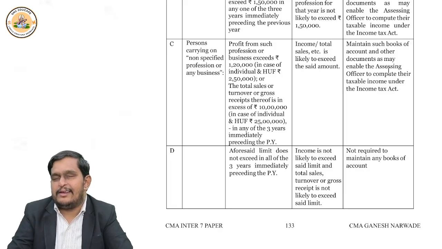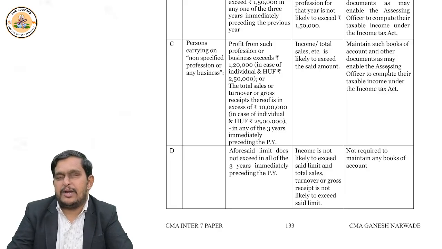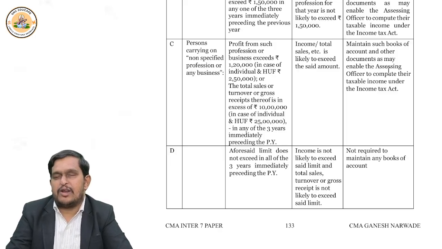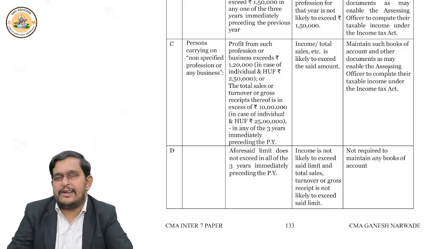So what they said in C? See, you are a non-specified professional. In simple language, I am telling you, you are a trader or manufacturer, right? You are into such business. Then what they said? That your gross receipts, your income exceeds 1,20,000 or your turnover exceeds 10 lakhs in any one of the 3 preceding previous years.